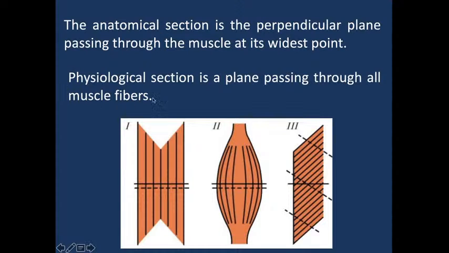But for muscle work, it's better to understand what the physiological section means. That is a plane passing through all fibers. Here the physiological section is with a striped line, and the anatomical section is the whole line.